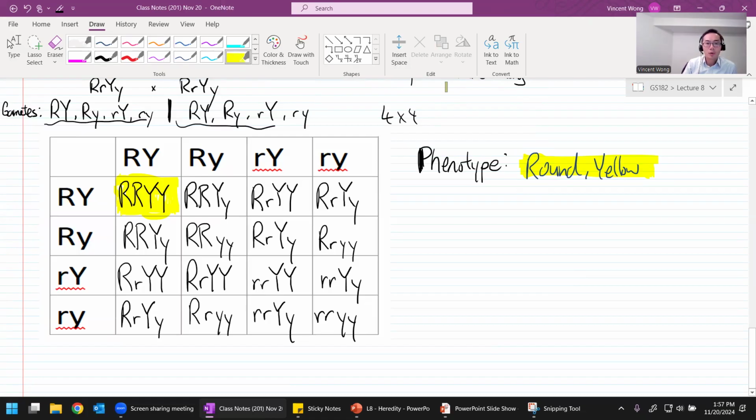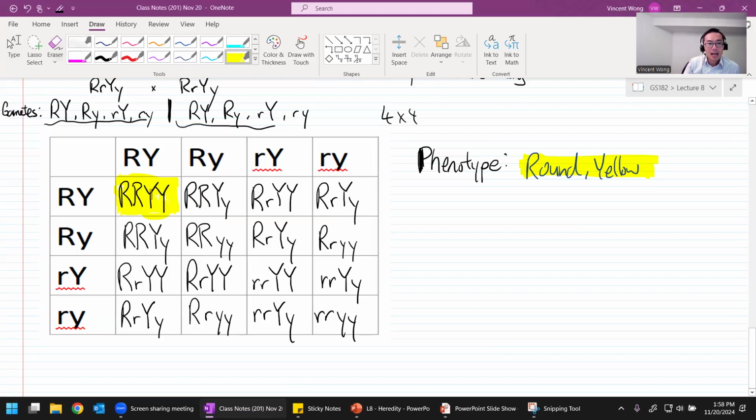How many round and yellow? I see 8. Anyone else? I see 7. Anyone else? All right. Both of you changed your answer.